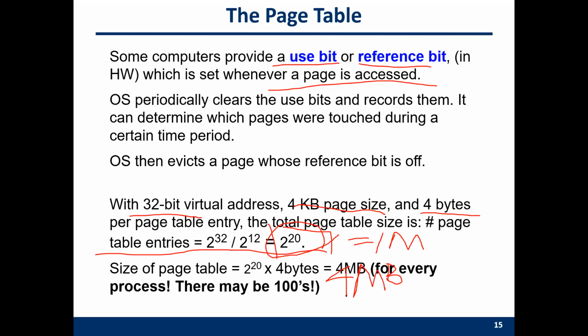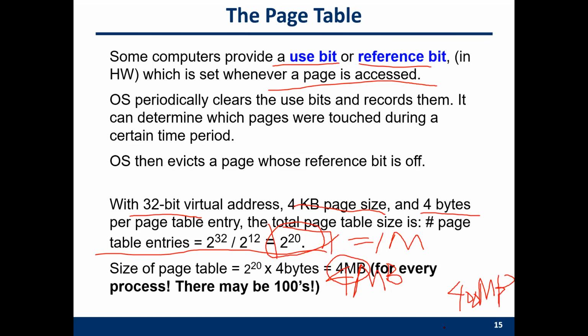You can easily see how many applications or processes are currently running on your computer by some administration tool. You may find thousands of these. So if you are running 100 or 1,000, let's assume 100, then 400 MB is actually consumed by all the page tables.